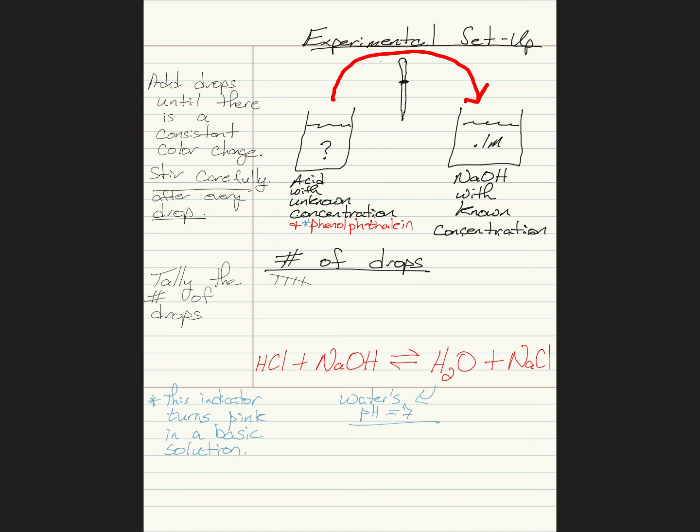So you're adding the phenolphthalein into the acid because when it turns basic, it will change color to pink, and you can read it here. Let me see if there's any other mistakes. From then on, I think I corrected it. See how I changed it there? I can't stand when I do stuff like that.